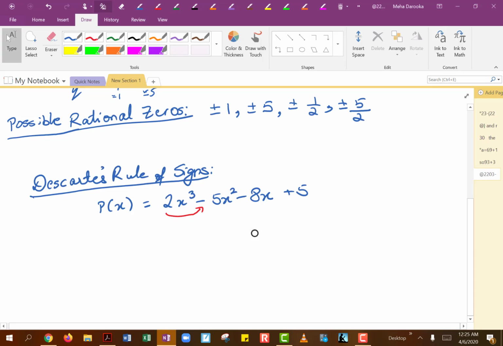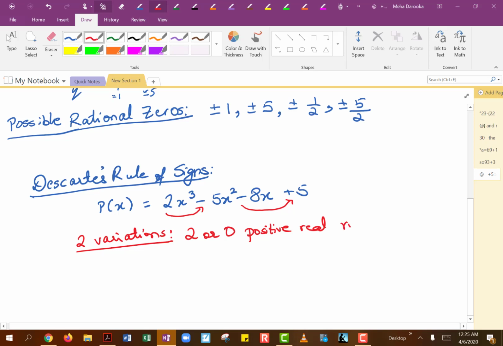That's negative to a negative, and then we're going from a negative to a positive again, right? So that's two variations. So that can mean either 2, or remember we subtract by 2. So either 2 or 2 minus 2 is 0. So we can have 2 positive real solutions, or we can have 0 positive real solutions, right?